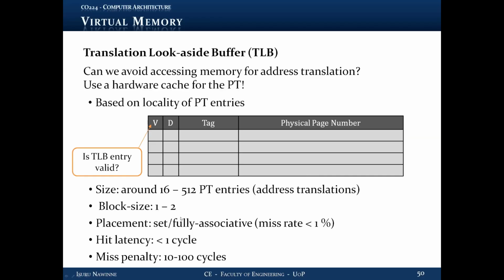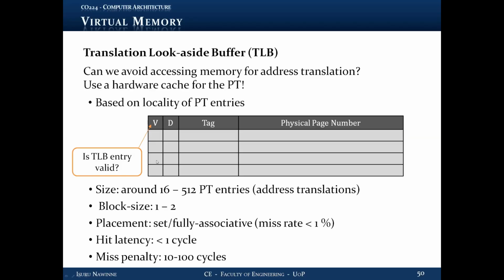A block size is 1 to 2 address translations. We don't have bigger block sizes because of the type of spatial locality here, right? Locality between pages, which are bigger entities, is somewhat less than locality between blocks.